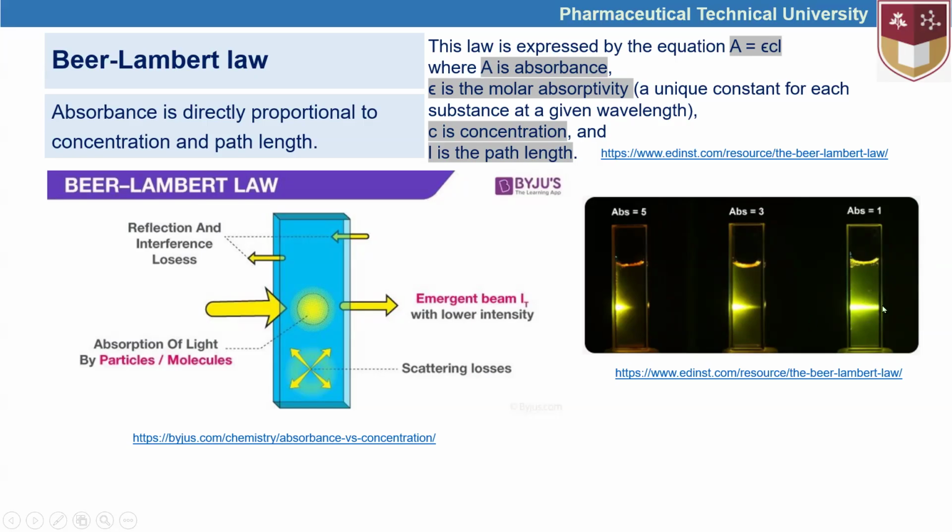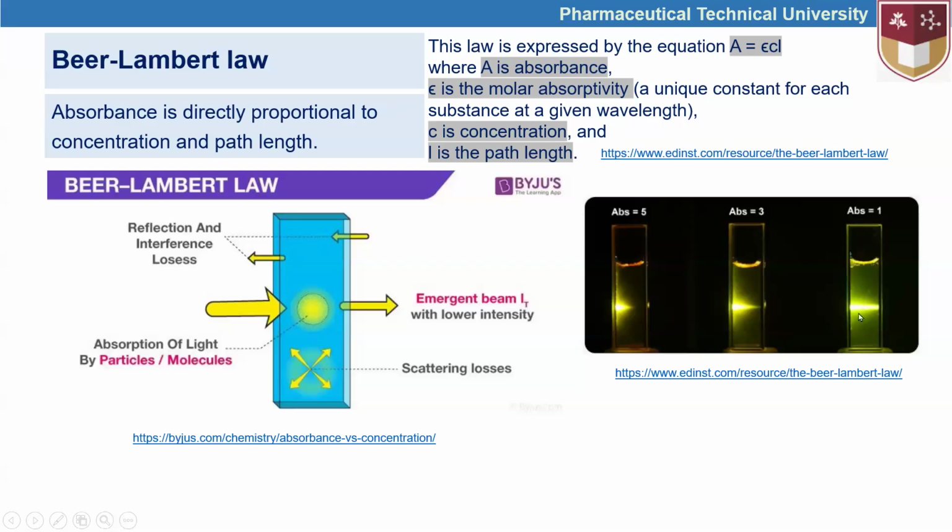This means that the absorbance is happening in these first two cuvettes, so then the dose of the light reaching this point is much lower compared to this one.